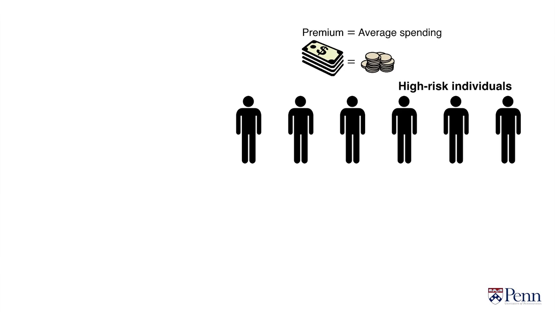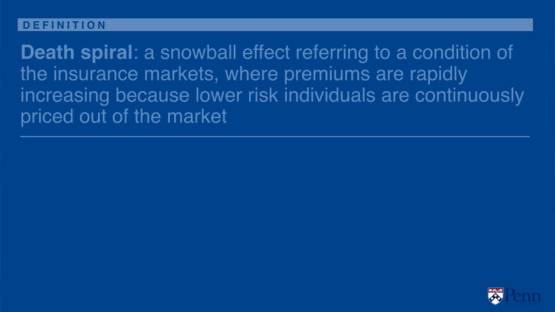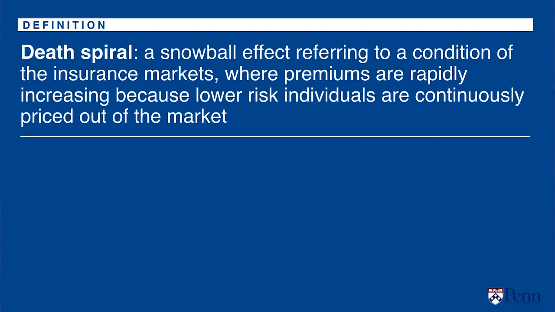This dynamic of exit leading to higher premiums, which leads to more exit, which leads to even higher premiums, is a snowball effect known as the death spiral, which refers to a condition of the insurance markets where premiums are rapidly increasing because low-risk individuals are continuously priced out of the market. So adverse selection may lead the insurance market to fail. It's a serious problem.